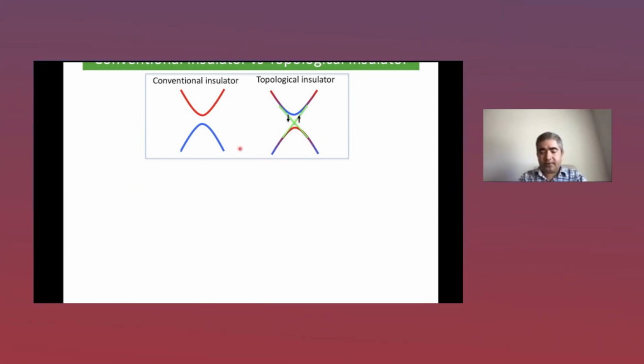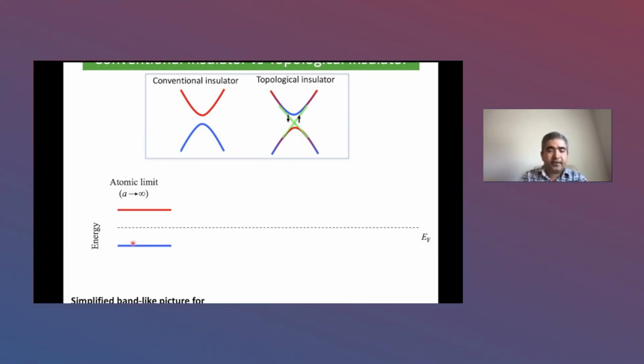So how can we understand this topological insulator with a simple band picture? One way of thinking is that, in the atomic limit, when your lattice constant is infinity, you have energy levels separated by some sort of gap. But if you take a real lattice with the experimental value, you have this kind of band: conduction band, valence band.